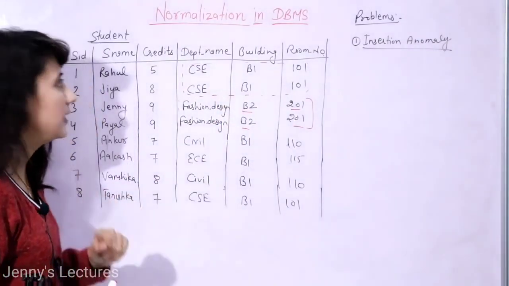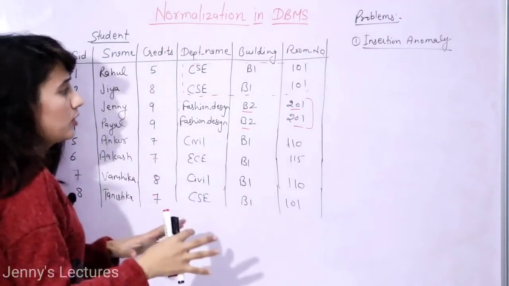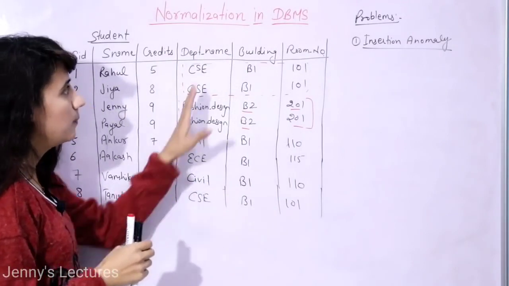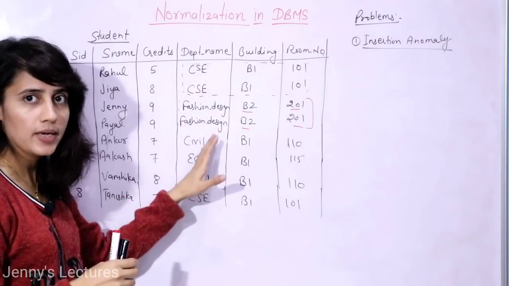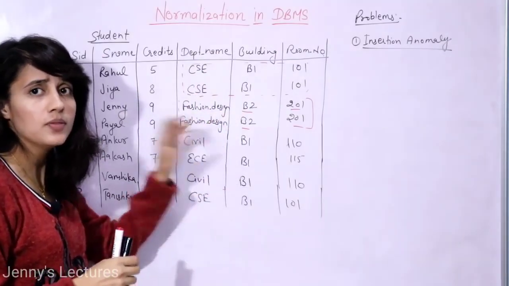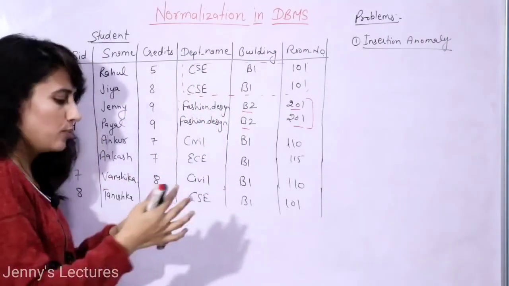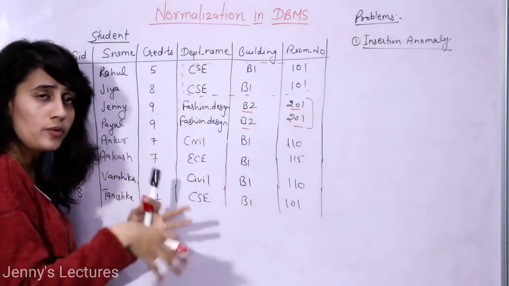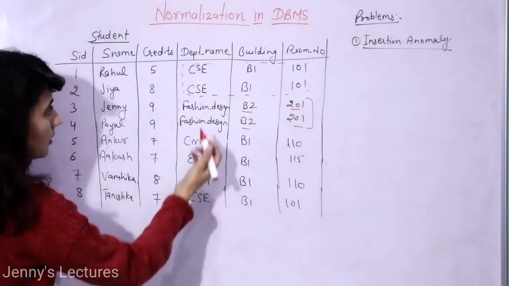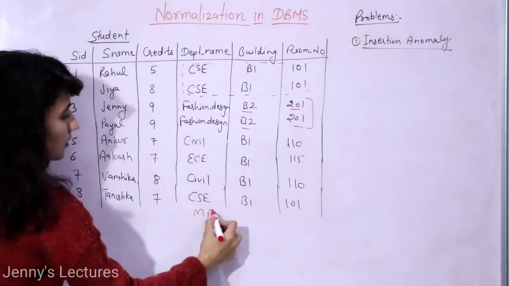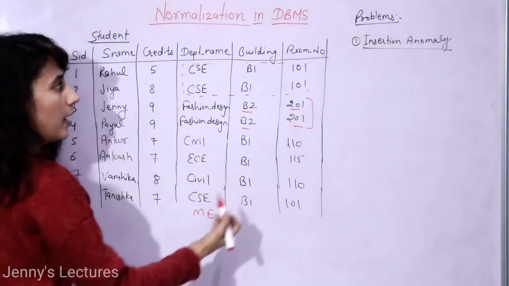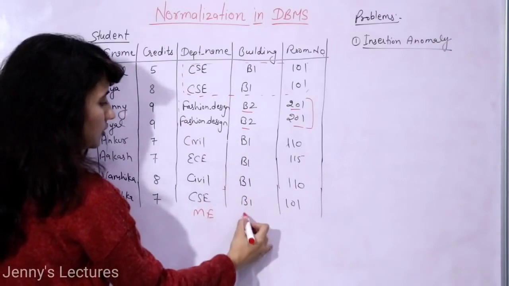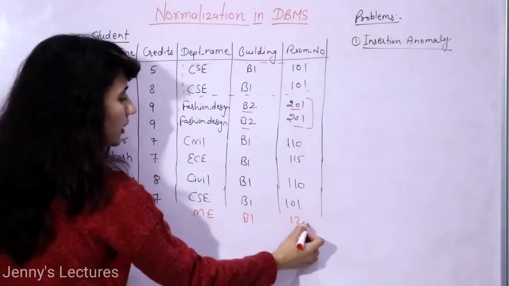What does that mean? Suppose I want to insert department information in this table. Suppose in a university we have one more department, mechanical, and the building is B1 and room number is 120.